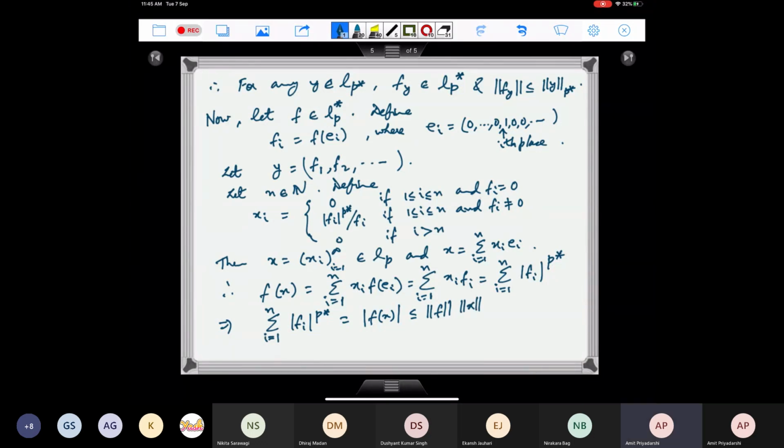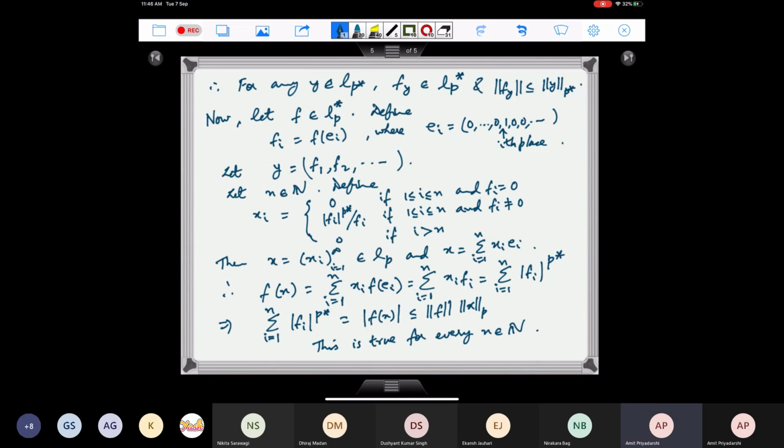So x is in lp, and f we had taken in lp star. So this summation is less than or equal to norm f times norm x p, and this is true for any n. This is true for every natural number n.